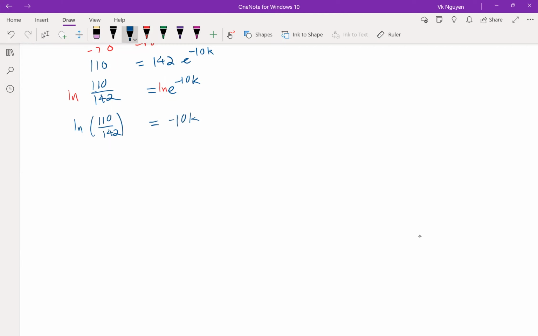And then from here, multiply both sides by 1 over negative 10. It is a little bit better than dividing, because they look better when you put it in the calculator. So now we have k is equal to, punch this one in the calculator, and ta-da!